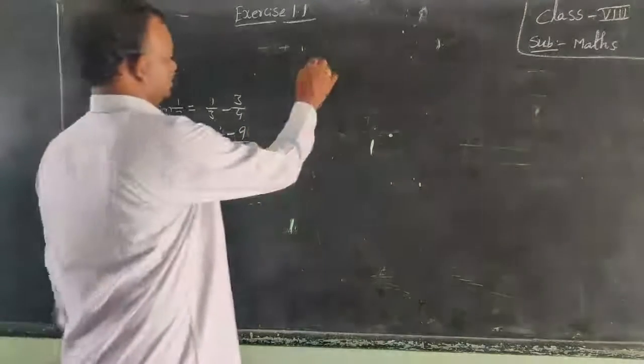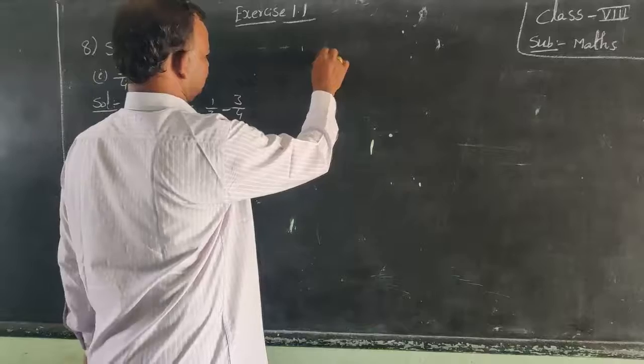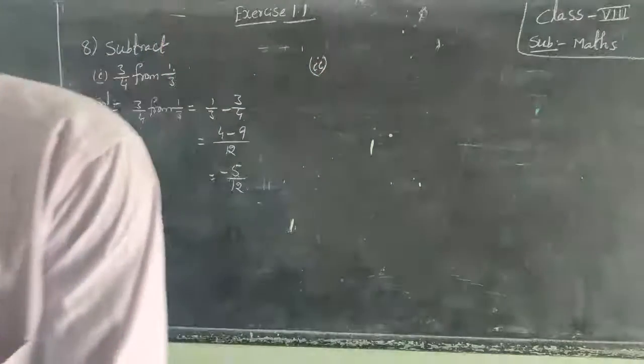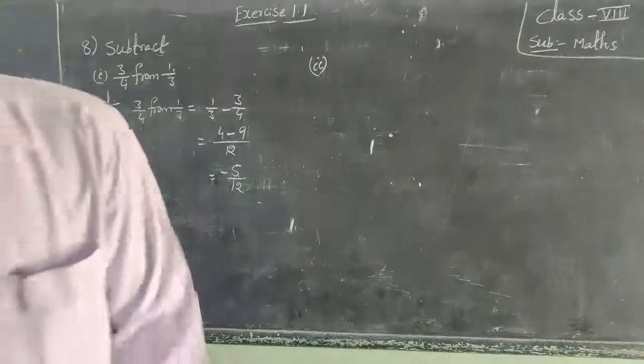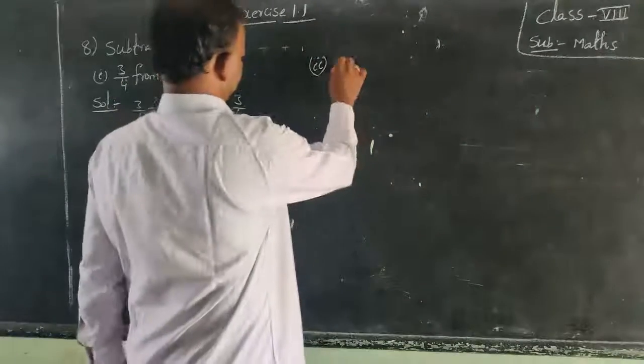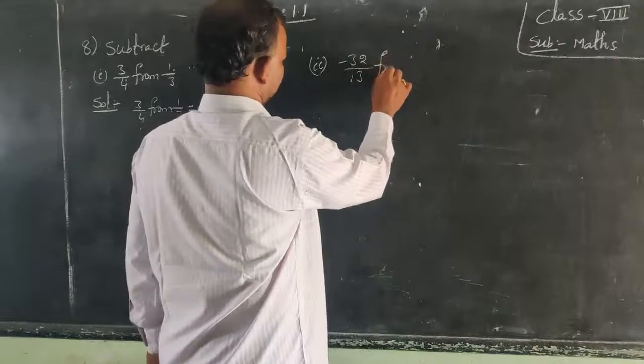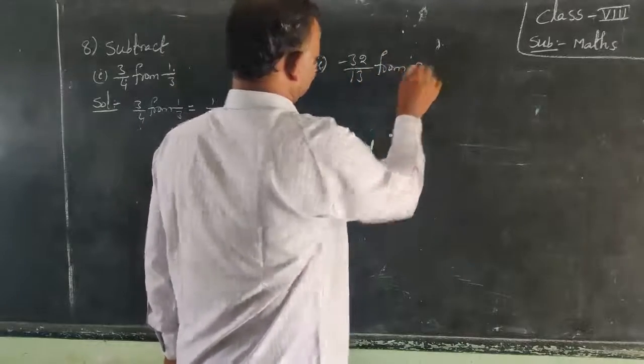And the second one is minus 32 by 13 from 2.